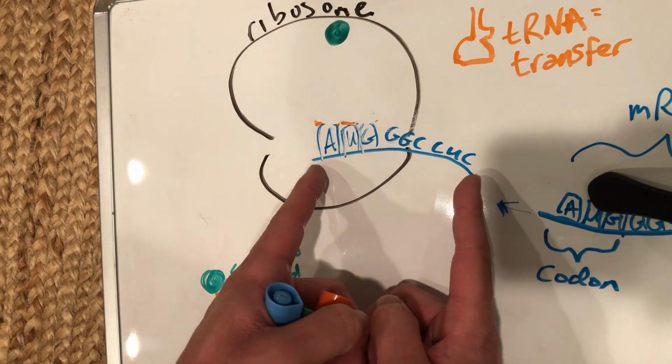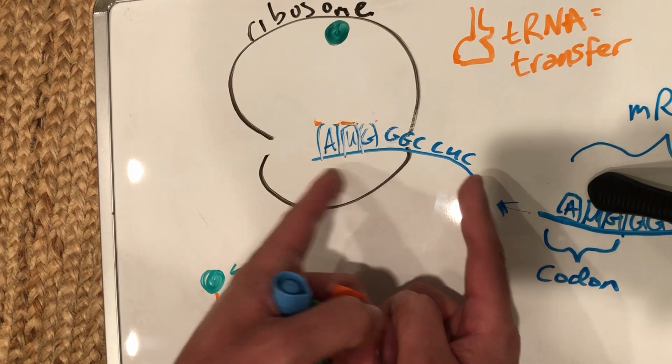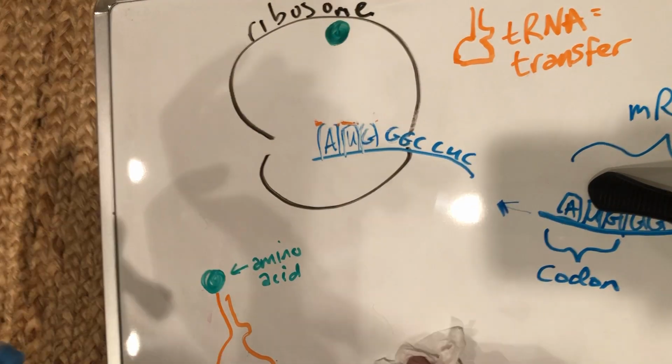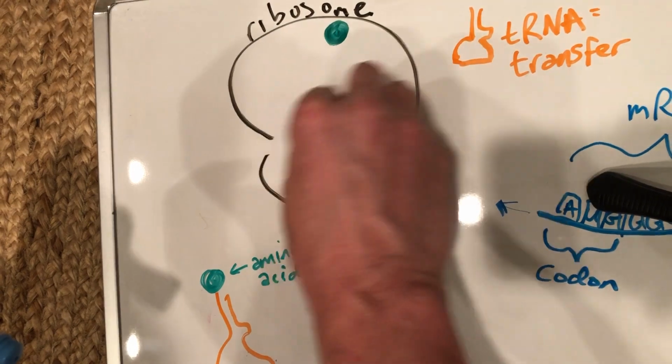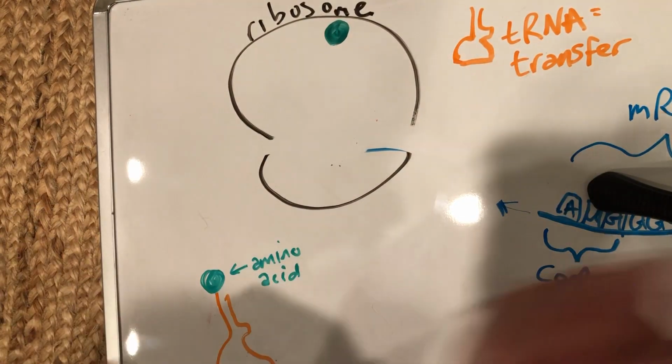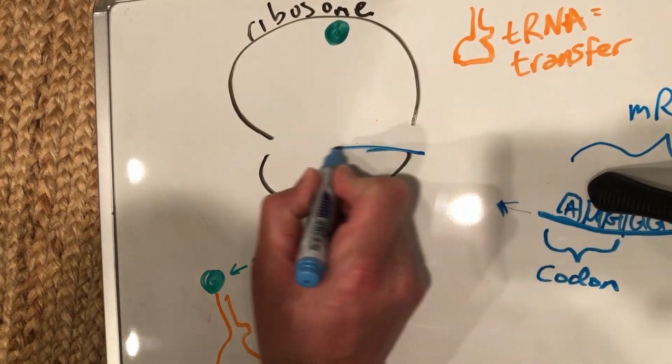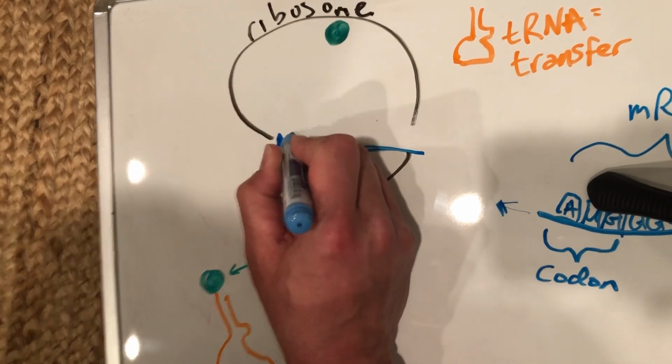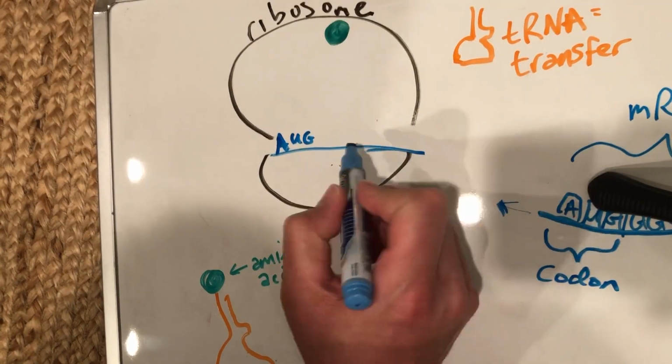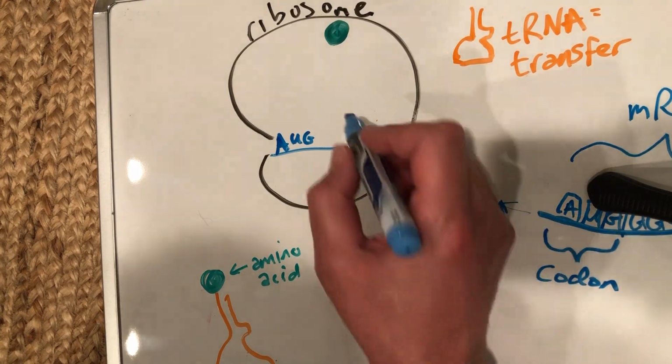Now the mRNA, I'm going to erase this, is going to move down a slot. So we're going to shift this down. I'm just going to make it look like it just shifted. So now that AUG is over here. It's done. The new one coming in, I'm looking at my old strand here, is GGC.